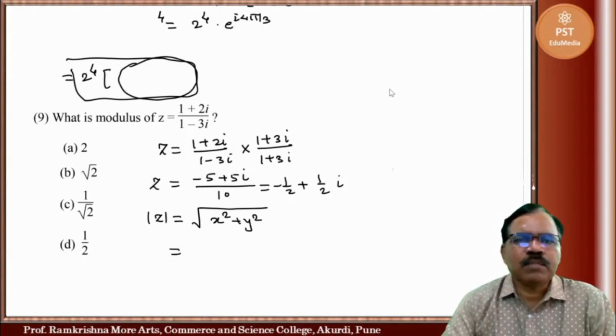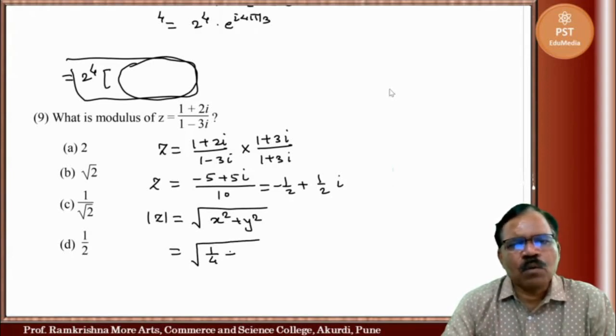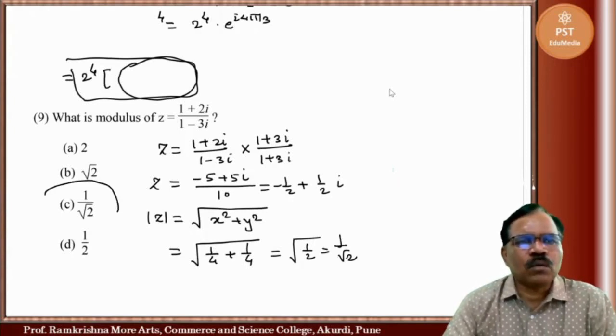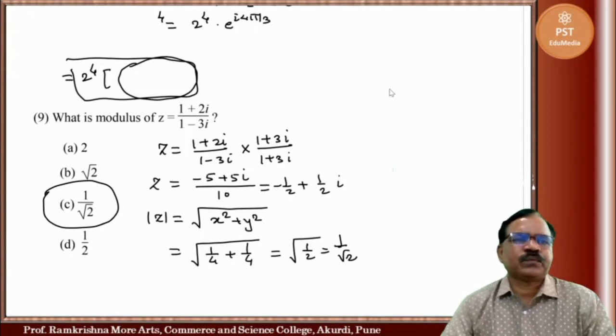Now x square is 1 by 4, plus 1 by 4, so it is 2 by 4, so 1/2. So it is 1 upon root 2. So 1 upon root 2, this one is correct.